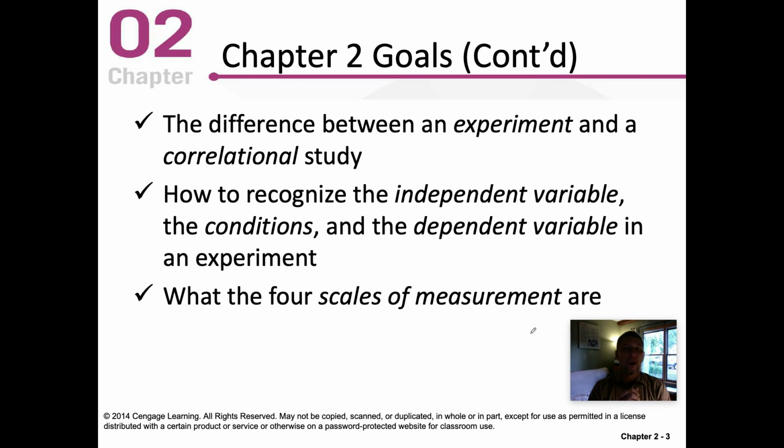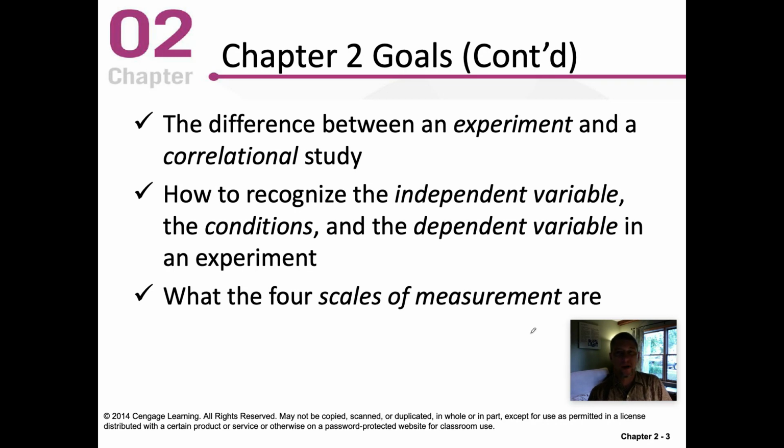Other goals of Chapter 2 include knowing the difference between an experimental study and a correlational study. We'll be going over this in our science class as well. Also, how to recognize the independent variable versus the dependent variable in an experiment, as well as being able to identify the conditions of the experiment.